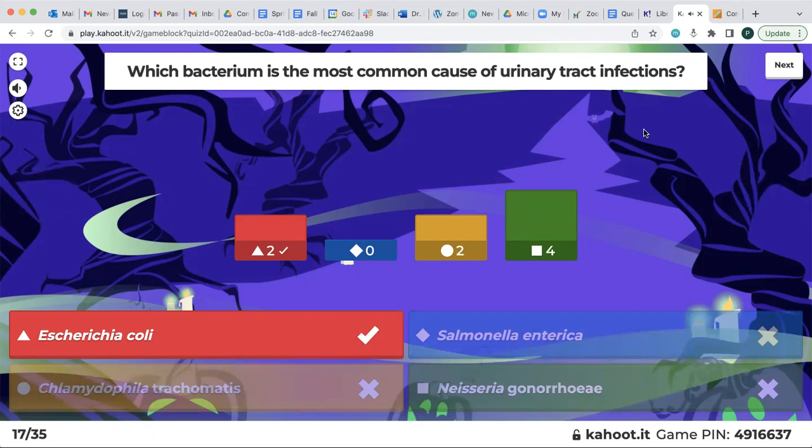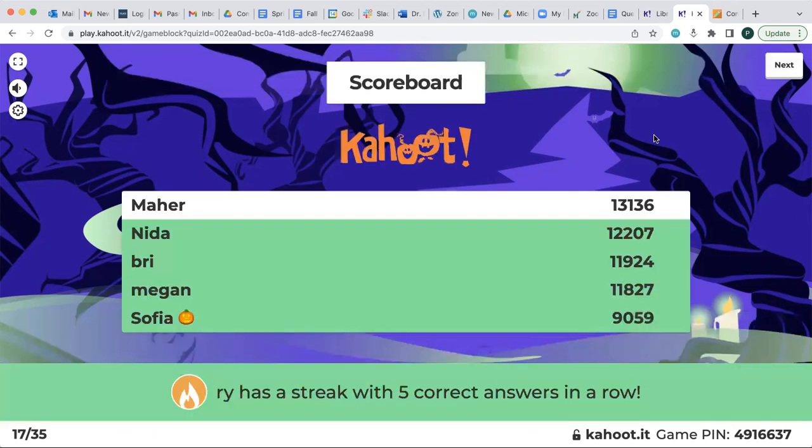E. coli is actually the most common cause of urinary tract infections. We always think of it as causing GI tract issues like gastrointestinal problems, but it is also the most common cause of urinary tract infections, which is weird, but yeah, it can do lots of things.